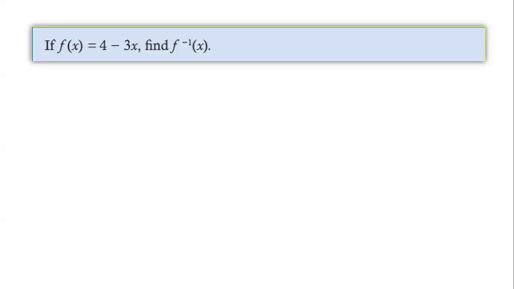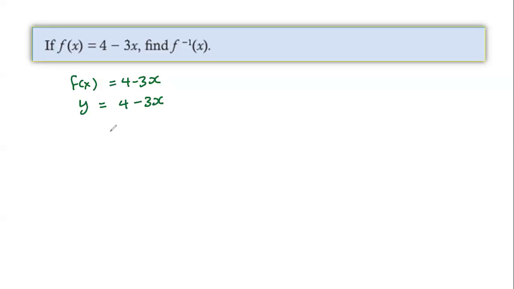Good afternoon, sir. I rewrote the function down as f of x equals 4 minus 3x. I replaced the f(x) with y. Y equals 4 minus 3x.